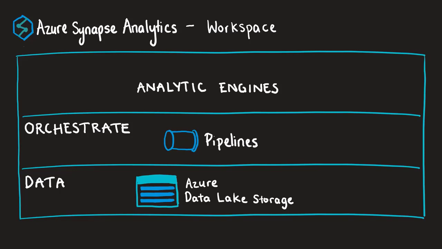But if you look at how it's managed and how you build pipelines and so on, it is really the same thing as Azure Data Factory. There can be some little differences because Azure Synapse Analytics is in preview, whereas Data Factory is generally available for all of us.